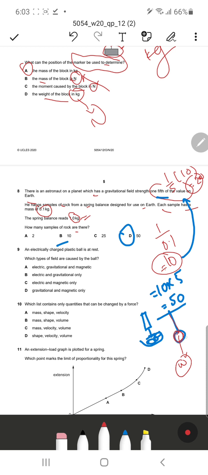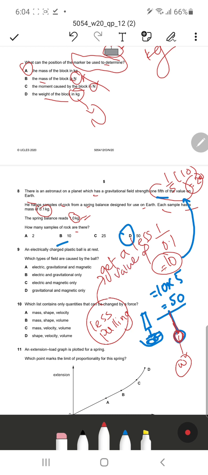So if the gravitational field strength is less, there will be less pulling by the object. Less pulling means we get a less force, a lesser value of the mass or weight, whatever is being measured, because of the less pull of gravity. That's how the spring balance actually operates. That's the main operating function of the spring balance.